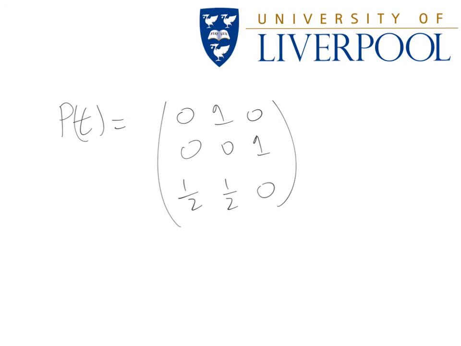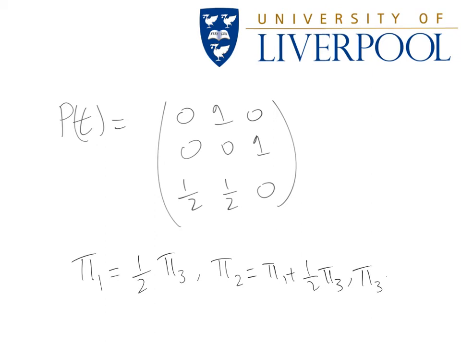Solving the following system of equations, we can find the stationary distribution for the jump chain.